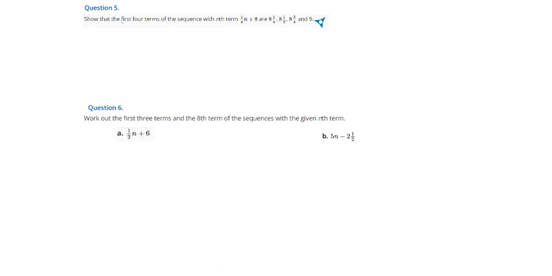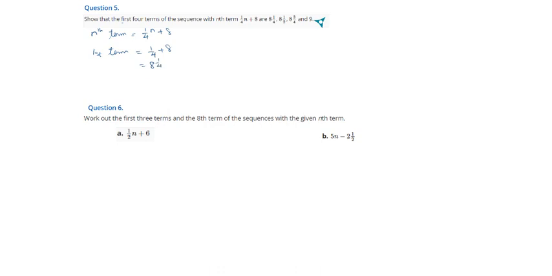So let's solve that. So nth term is equal to 1 by 4n plus 8. Here you replace n by 1, 2, 3, and 4. So the first term is equal to 1 by 4 plus 8 is equal to 8 1 by 4.